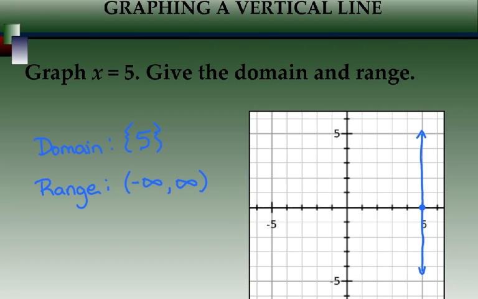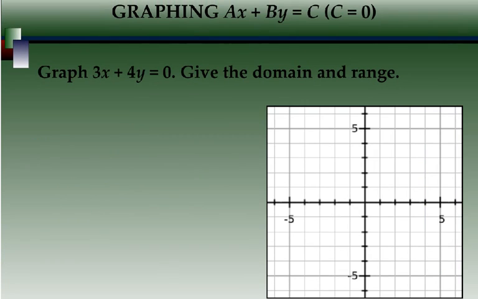And that's it. All right, for this example, our equation is in the form of, this is called standard form, ax plus by equals c. And again here, the easiest way to go about this one is finding the x and y-intercepts.